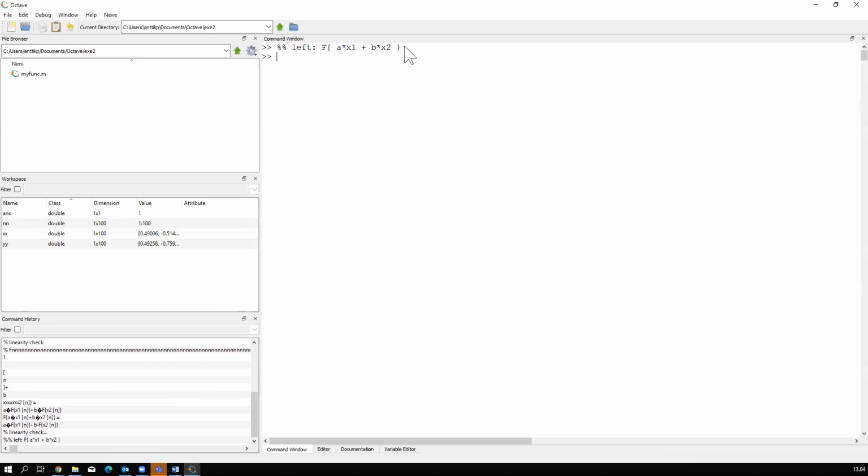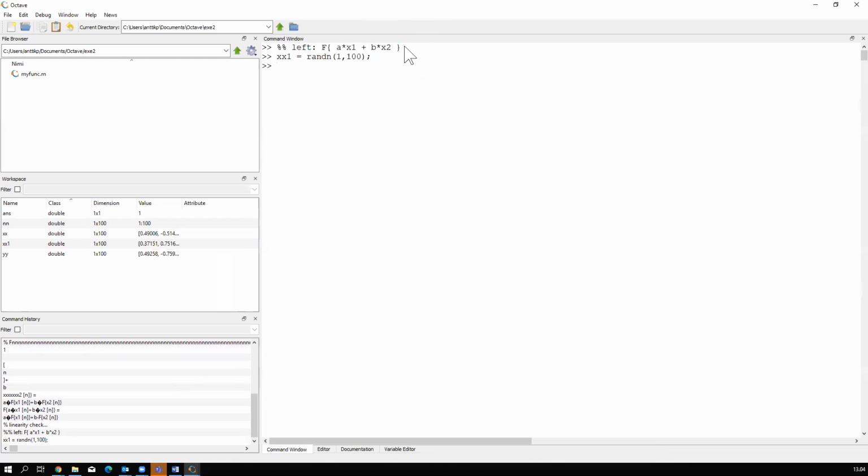And for that, I actually need two test vectors. First one, for example, 100 random points. Another one is also 100 random points.